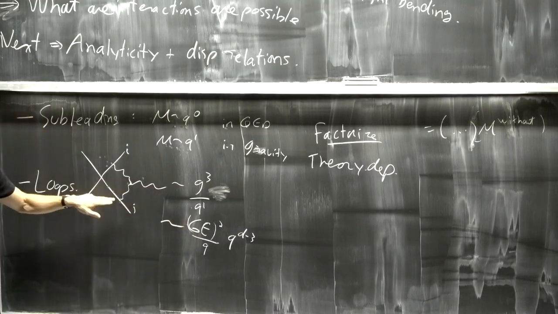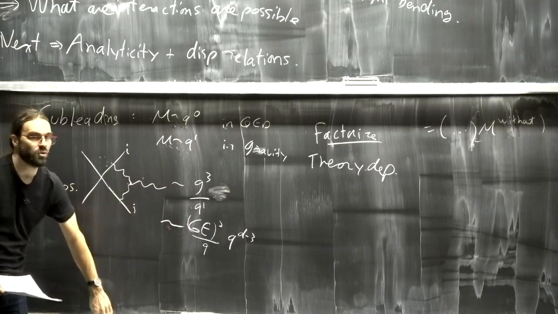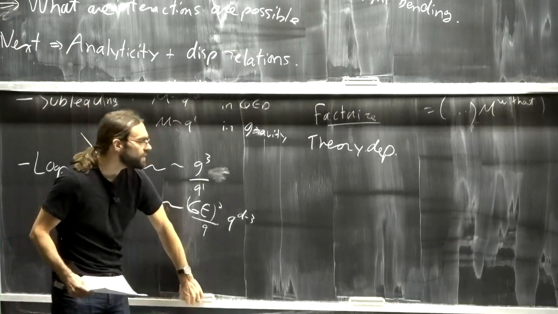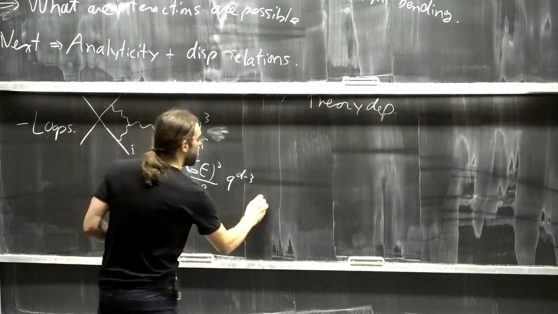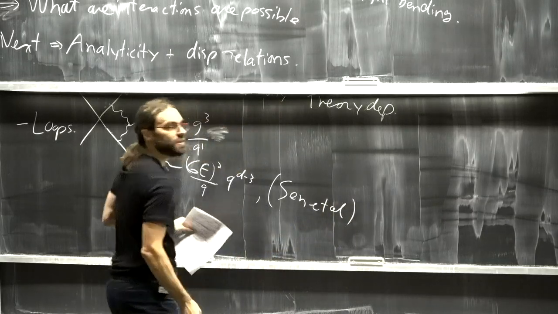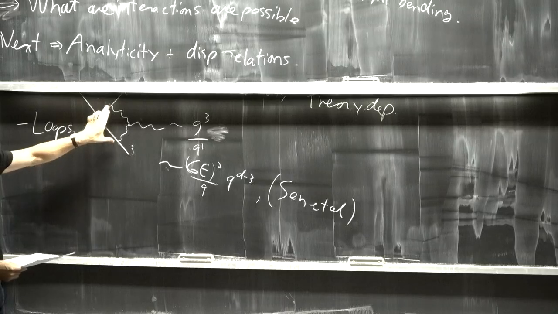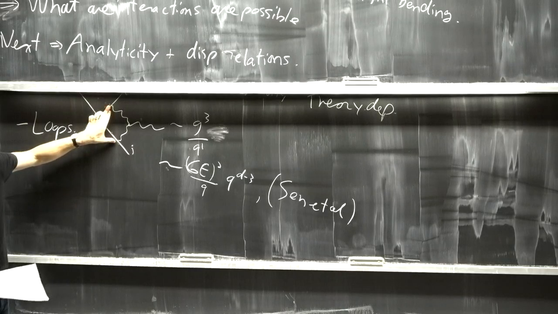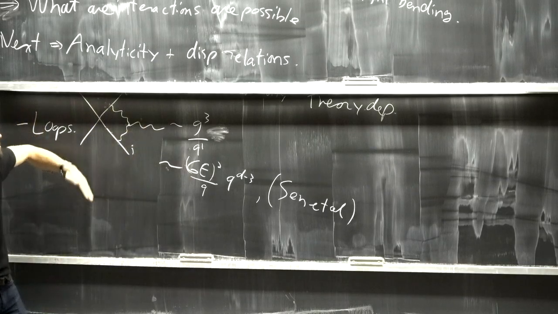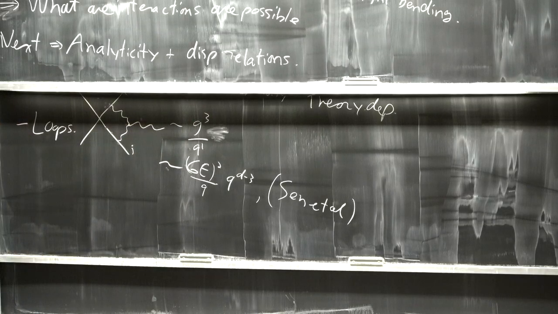So all of these loops in gravity give you subleading powers of q at small q. And these have been very nicely analyzed in work by Sen and collaborators in the past few years. They have these classical soft theorems that effectively calculate loops using classical techniques, and you can predict various tails in the soft graviton spectrum.